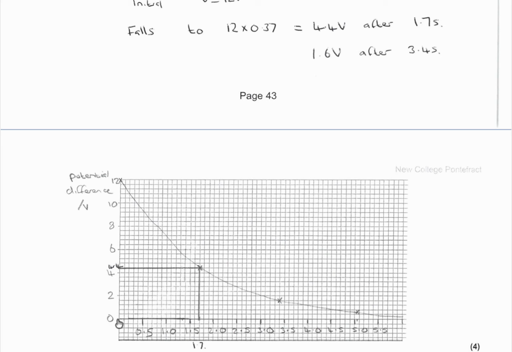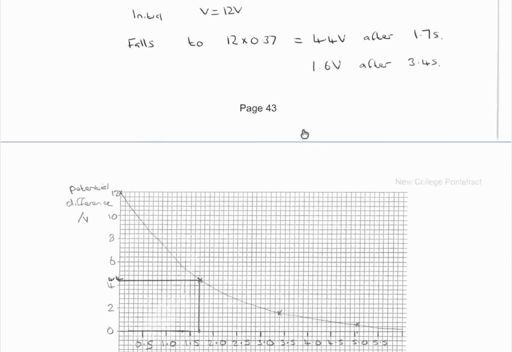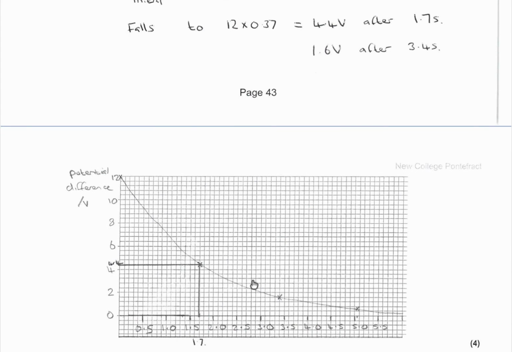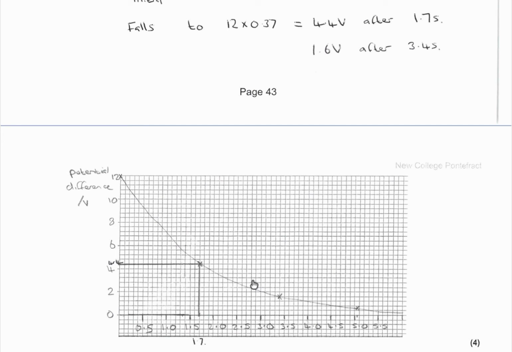And then I decided the time that I'd look at across the bottom. I know for a fact that the potential difference falls to approximately 37% after 1.7 seconds. So I decided that I'd go to approximately 3 time constants, and it would enable me to plot 3 points so I can get the curvature right, because the marks for this are for a correct curvature.